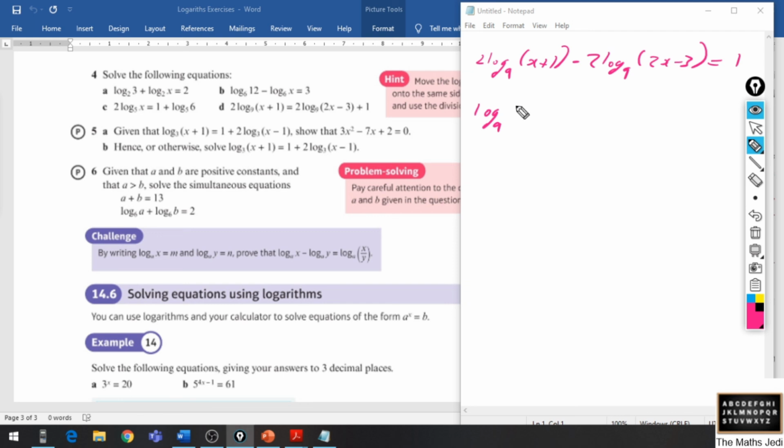So log 9 of (x plus 1) all squared minus log 9 of (2x minus 3) all squared equals 1. Now, these two things are logarithmic expressions being subtracted, so we can divide the outcomes using the rules of logs.